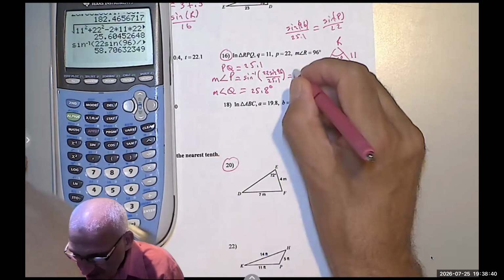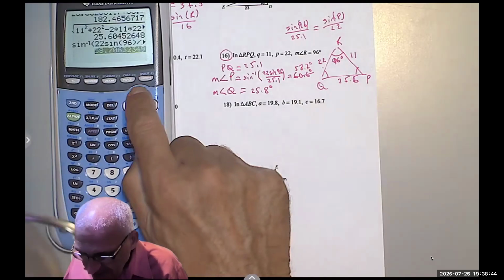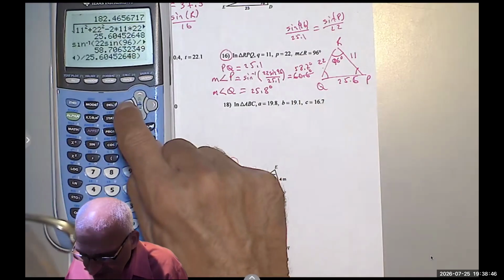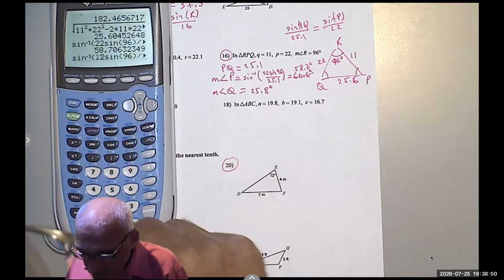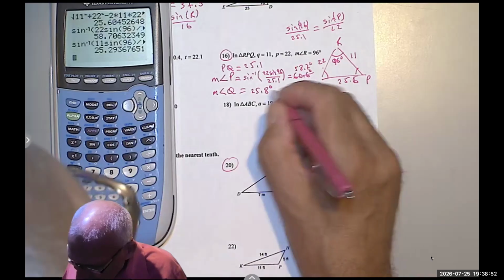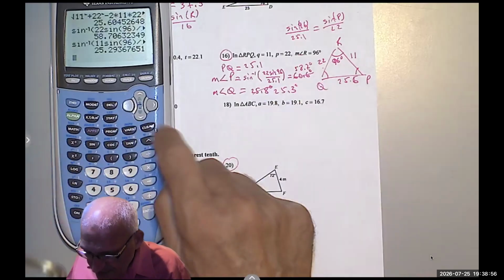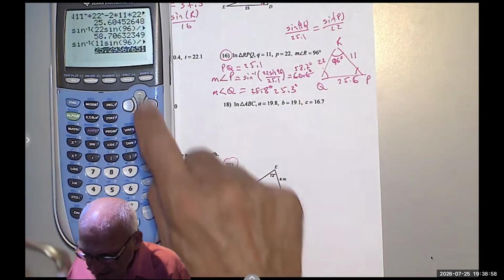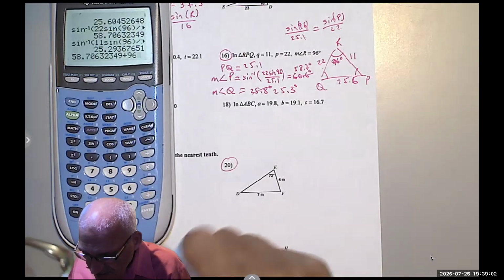So this is only 58.7. And then if I replace that by 11 instead of 22, I get 25.3. Now, this angle plus that angle plus the 96 degrees.